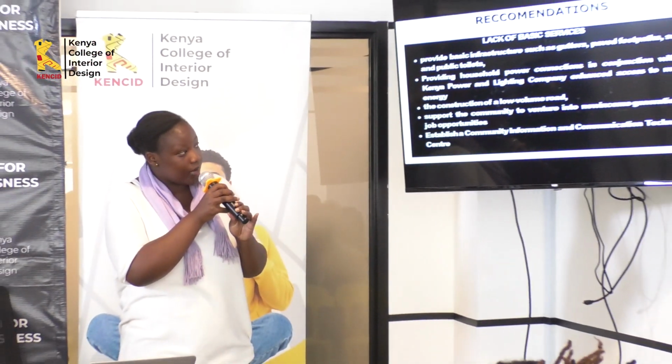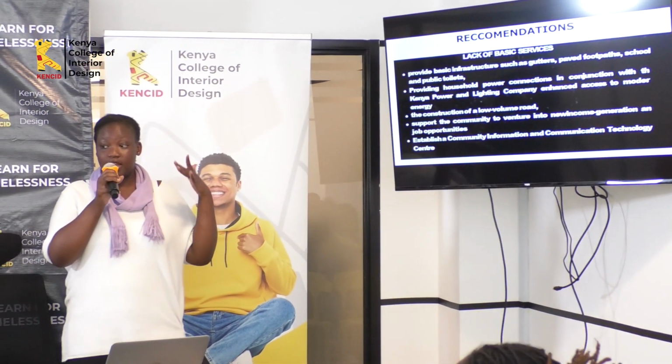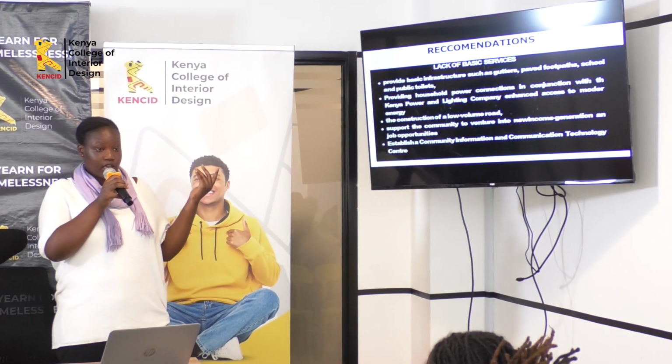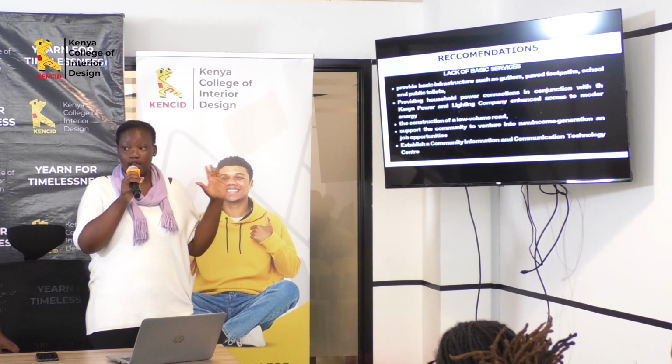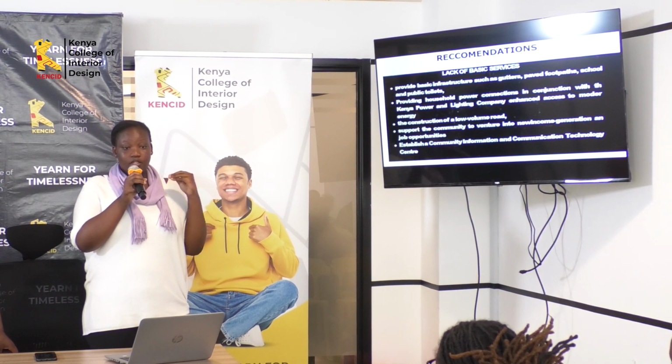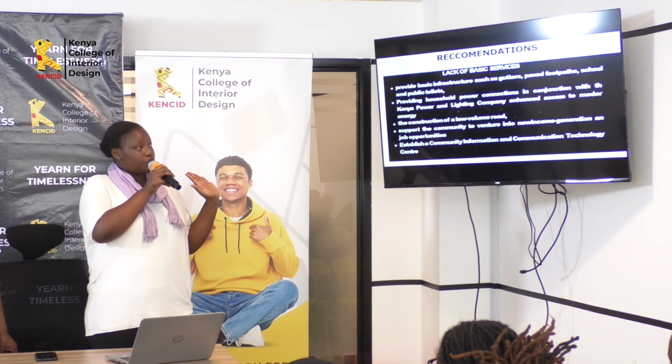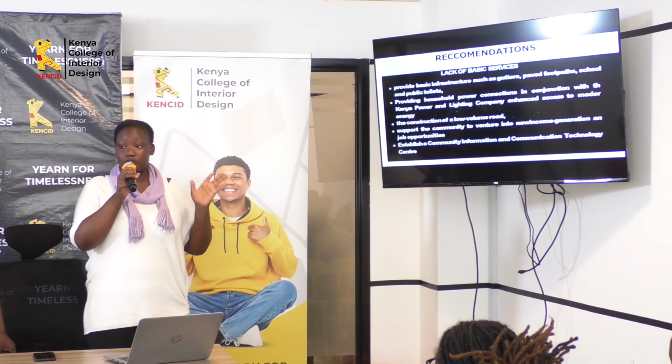Providing household power connection in conjunction with Kenya Power and Lighting Company. That one, I'll explain with a country that decided to use the term social housing, like Hungary, where they took it upon themselves, out of their own pocket, and decided, you know what, we are going to renovate houses for the homeless.